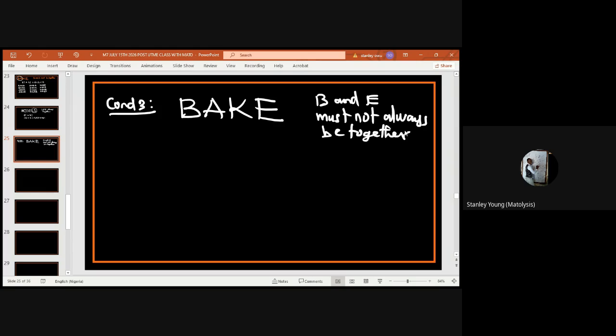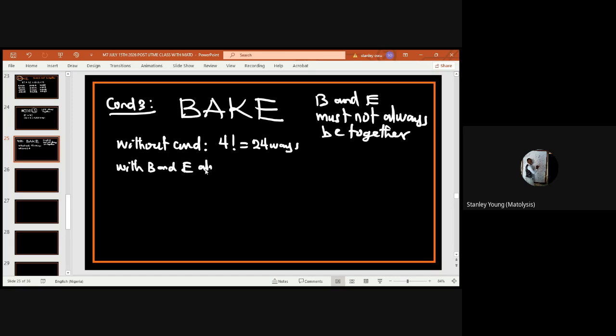You can either first find a situation where B and E must be together and subtract it from the total. Without the condition, the number of ways of arranging the letters in the word bake is 4 factorial, which is 24 ways.